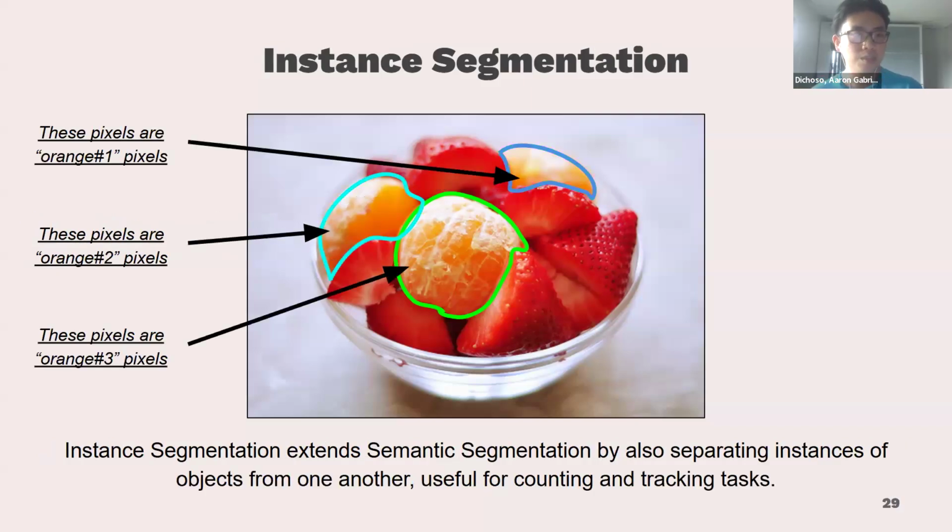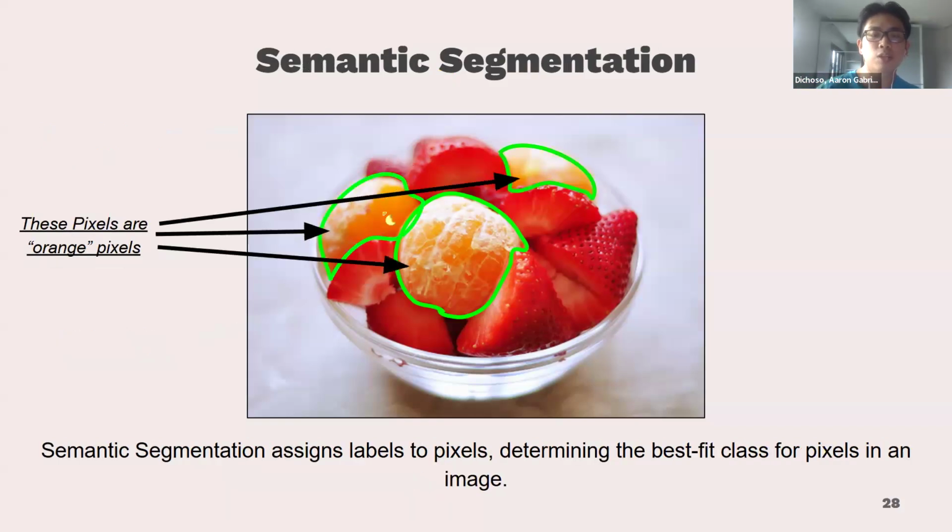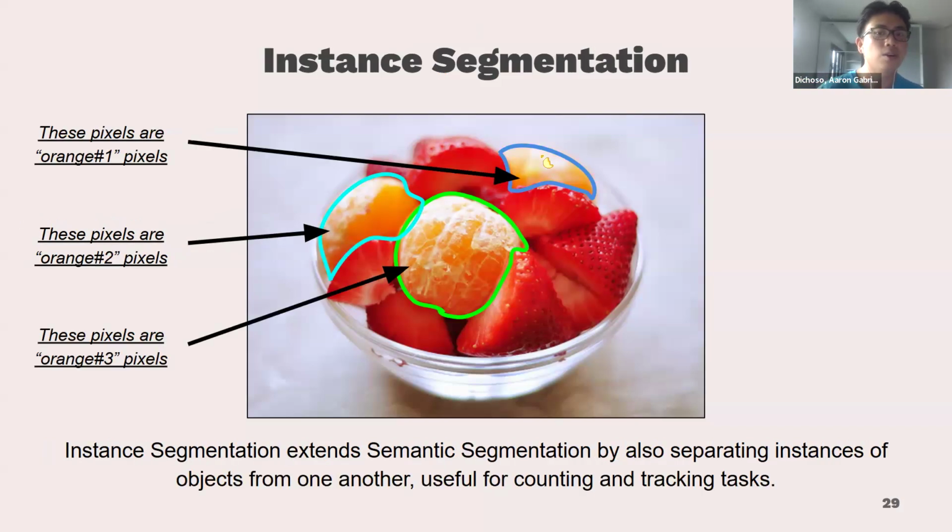However, for instance segmentation, it actually separates the different instances of objects that it finds from one another. So this is very useful for counting tasks and object tracking. So instead of just saying, okay, all of these pixels belong to the orange class, it can actually determine, okay, this is orange number one, this is orange number two, and this is orange number three.